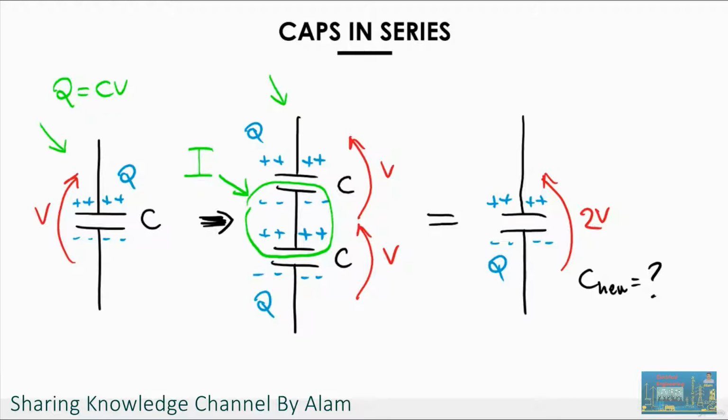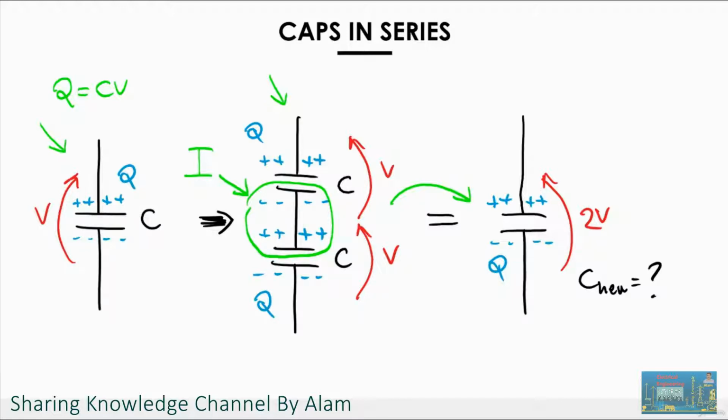So now, if you think about it in these terms, that means that if we jump to the right here and try to find the equivalent capacitor, effectively these two devices in series are equivalent to one capacitor which has a voltage equal to 2V across it, because you see we have one V and another V, so it's equivalent to 2 times the voltage.